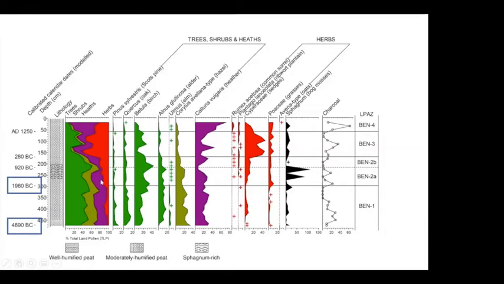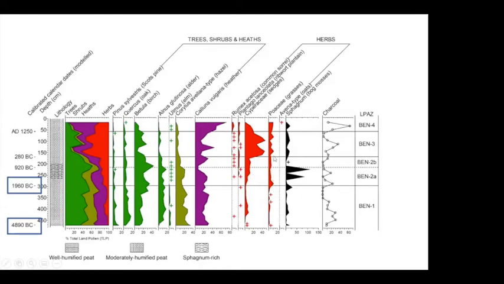So this is perhaps telling us that this woodland is beginning to open up a little bit. You can see there's a bit of a decline in the woodland, particularly the birch at this time. And this is probably caused by the beginnings of agriculture in this landscape.